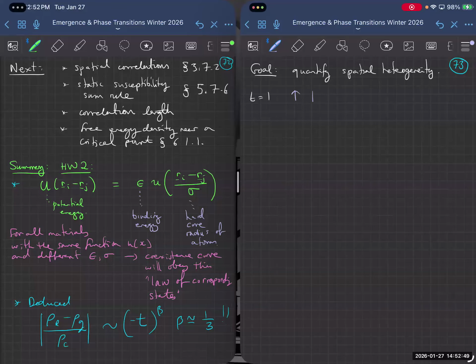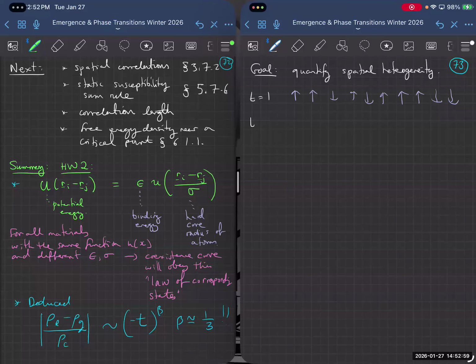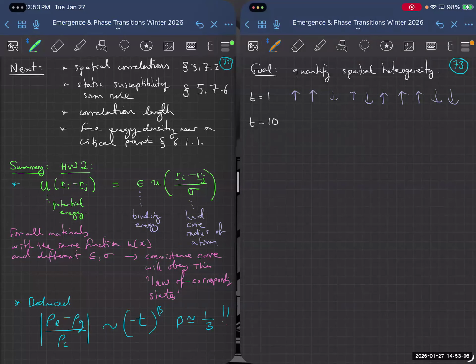Let's pretend it's a one-dimensional magnet, or this is meant to be a stand-in for a magnet. So something like that. And then let's suppose I look at some time 9 units later. Then I might find some different structure. Something like that.